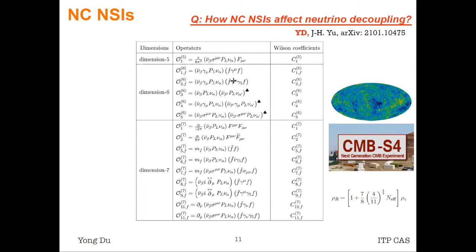Since this is an EFT workshop, we are not interested in any UV completion of these operators. But let me briefly mention that, for example, the contact interactions between neutrinos and electrons could be induced by some U(1)' models, while for the neutrino self-interacting operators, we could obtain them by, for example, a Majoron model.